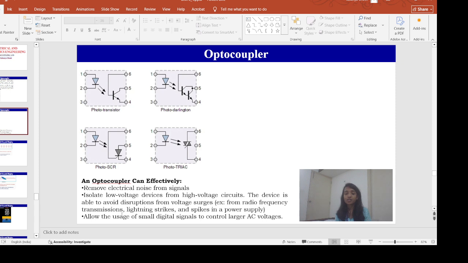Examples are radio frequency transmission, which occurs at very high frequency in the order of megahertz or gigahertz range, then lightning strikes, spikes in a power supply, etc. These optocouplers also allow the usage of small digital circuits to control larger AC voltages.